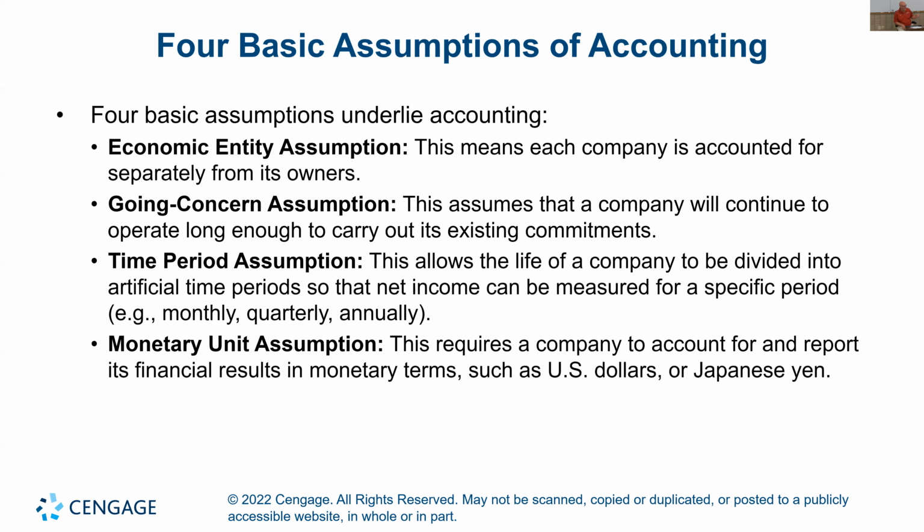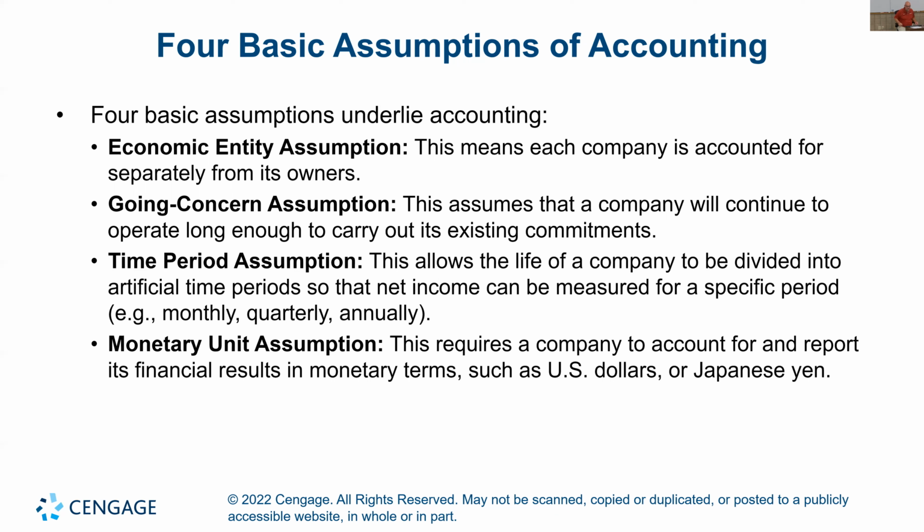They can take it out of their business and put it into their own personal account if they're a sole proprietorship, but they don't want to record that in their business journal. We don't want to record and report personal purchases that the owner makes in the business records. We want to keep those separate. What the owner does and what the business does are two separate things.